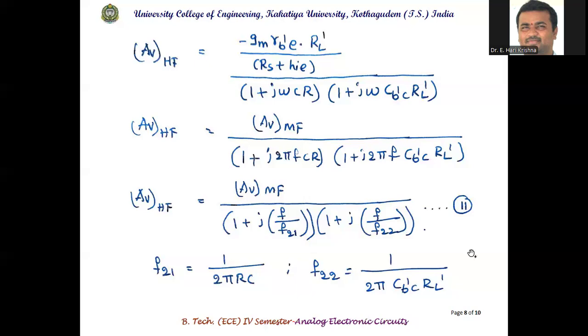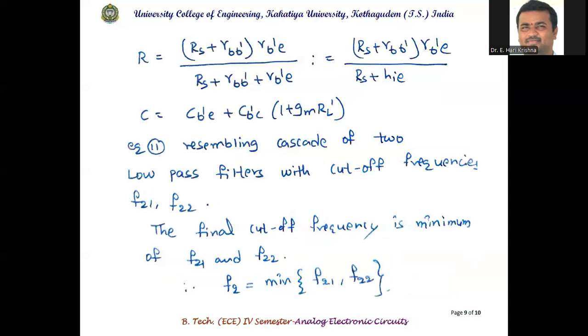All parameters are given here, what is R and what is C, again for the sake of simplicity. So equation 11 resembles a cascade of two low pass filters with cutoff frequencies f21 and f22.